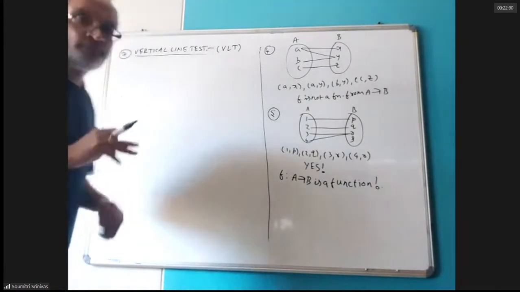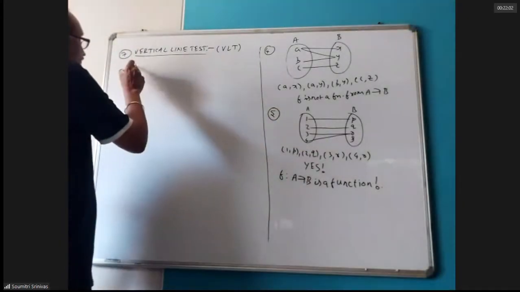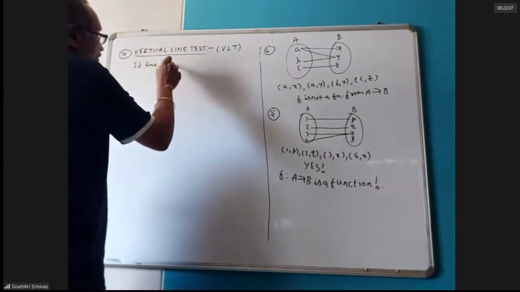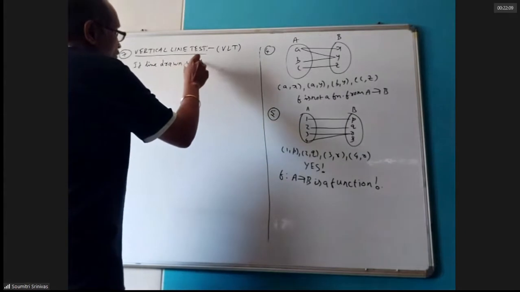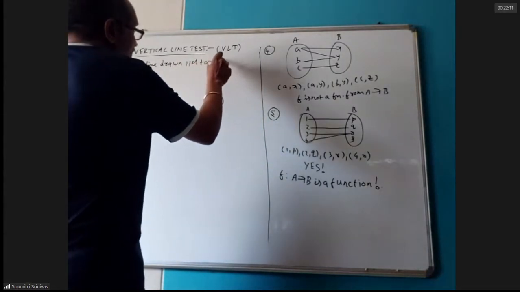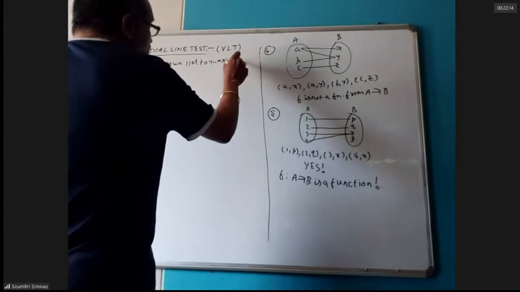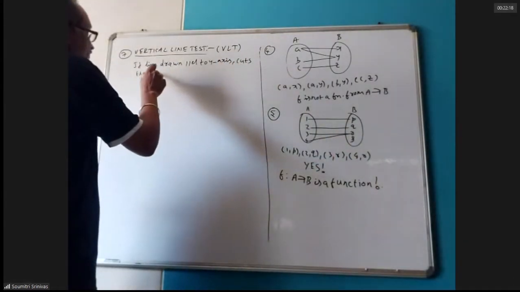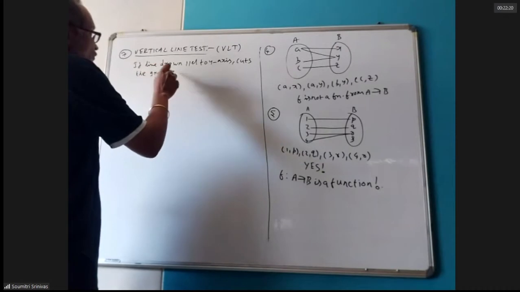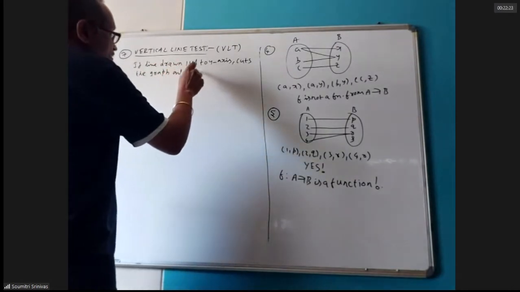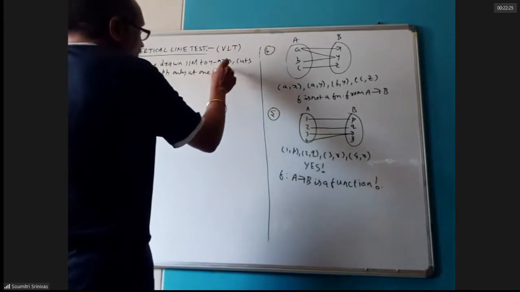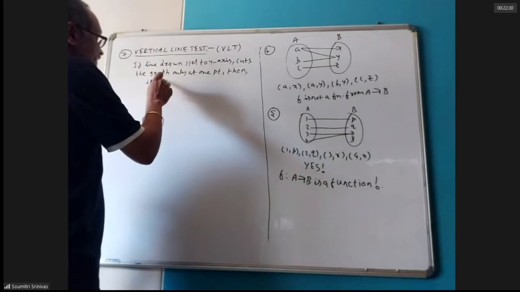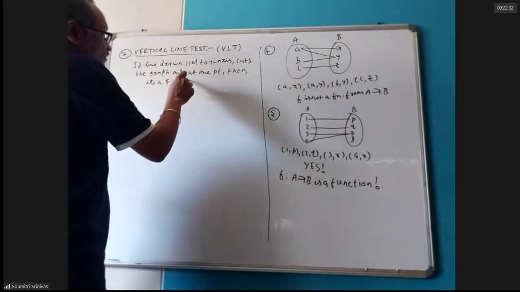Look here. If a line drawn parallel to the y-axis cuts the graph only at one point, then it's a function.